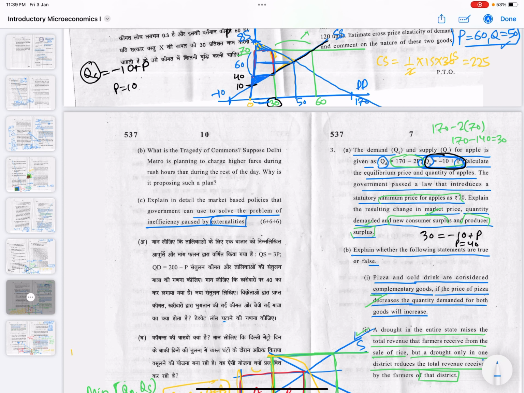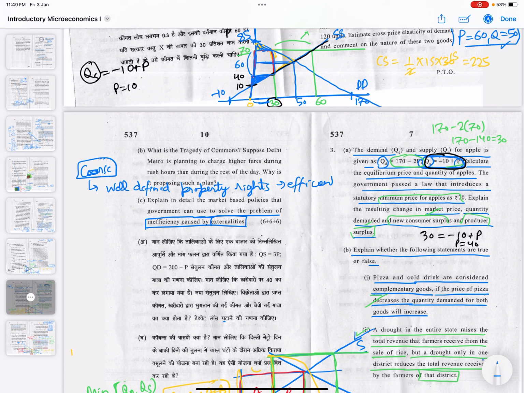Now, the inefficiencies caused by externalities can be solved. You can refer to the Coase theorem here: if individuals have well-defined property rights, they can come into an agreement by bargaining such that the outcome is efficient.